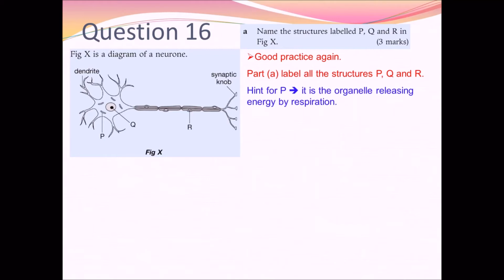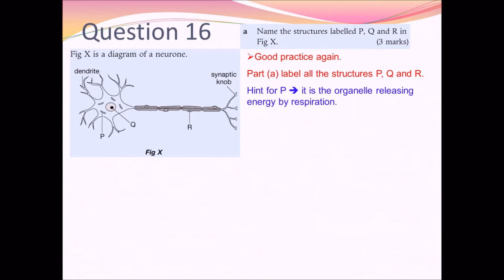The good practice is, even if you do not look at the question part A, you can still do some labeling first. Label P, Q, R. As I mentioned before, if the question gives some structures A, B, C, P, Q, R, X, Y, Z, it must ask you about the structures, whether the name, the structure or the adaptive features.